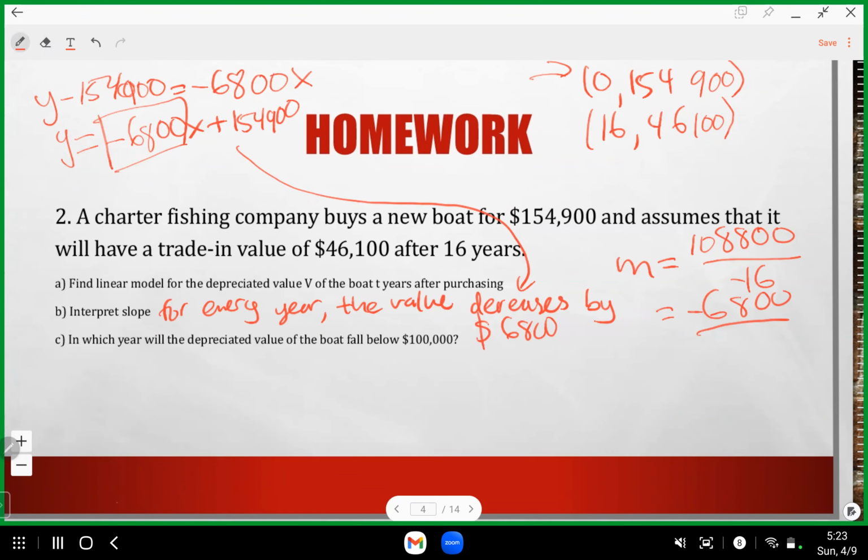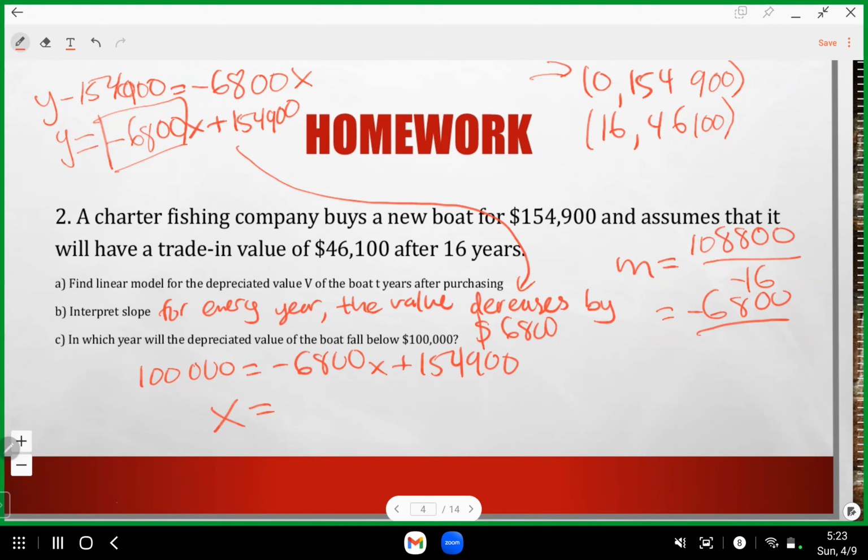And finally, C is going to be, in which year will the depreciated value of the boat fall below 100,000? So first, let's find when it's below 100,000. That's y equal to 100,000, equal to negative 6,800 x plus whatever this is, and we can just solve. So x should be, if you just subtract from both sides, around 8.07.